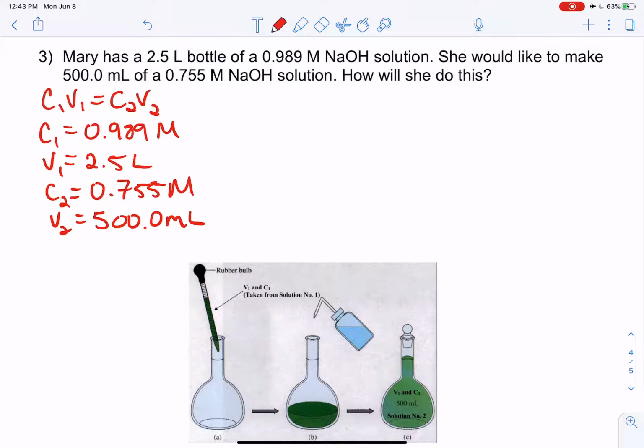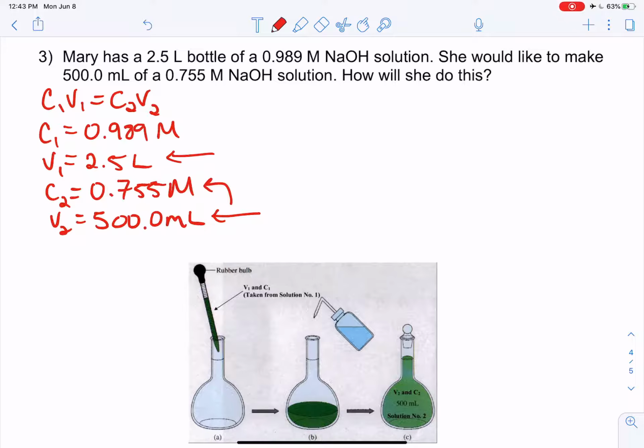Okay, so I want you guys to not be on autopilot when you're doing these. Actually think about what you're doing. You need 500 milliliters of your dilute solution. So do you need to use the entire 2.5 liter bottle of your concentrated solution?